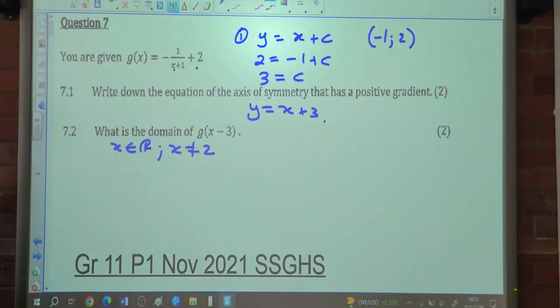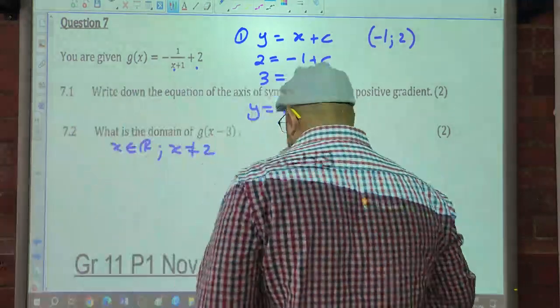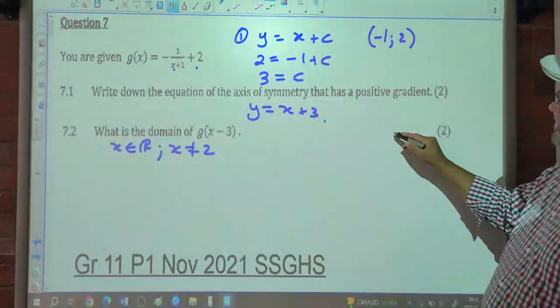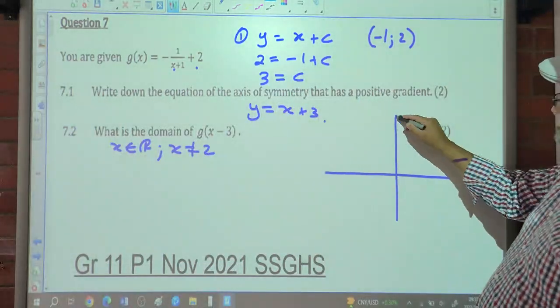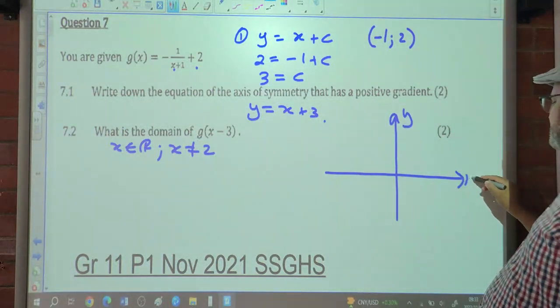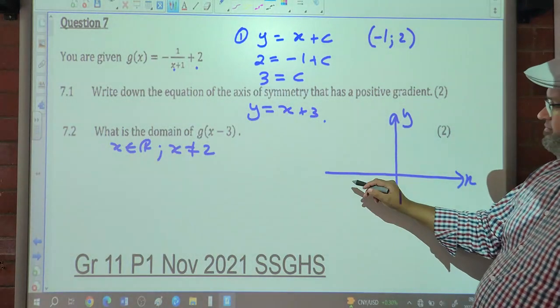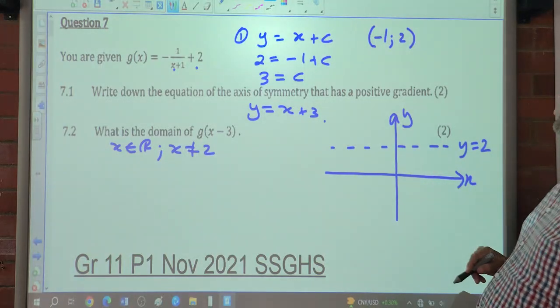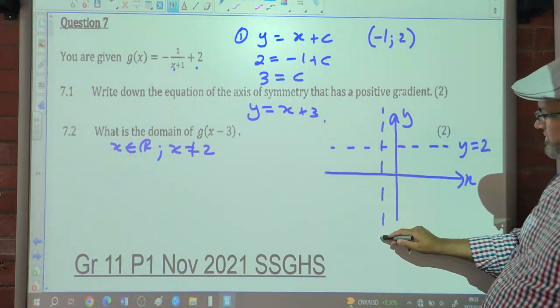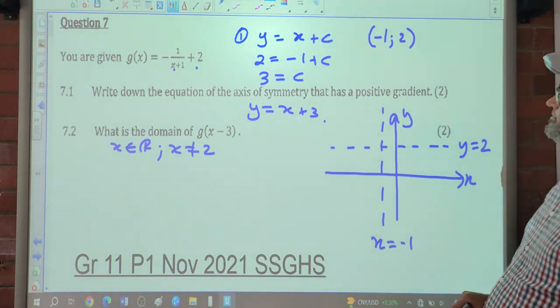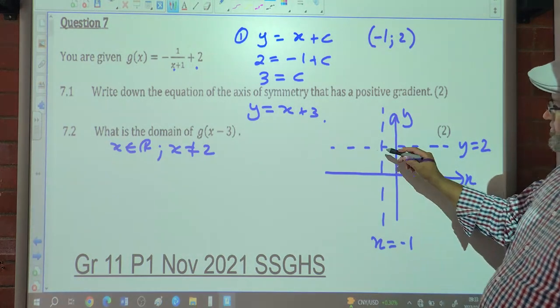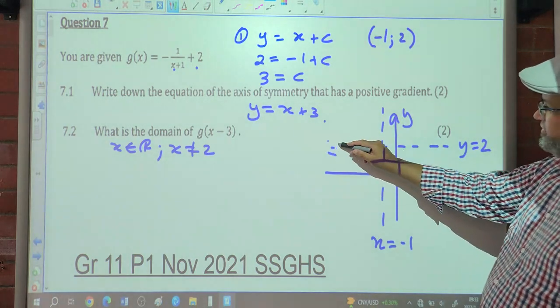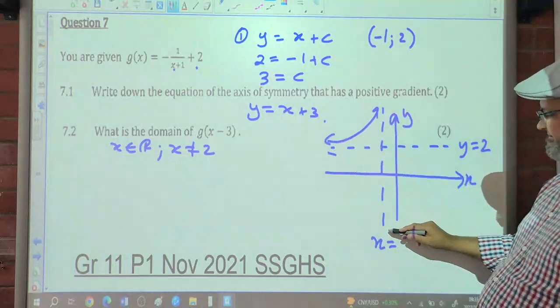People, for those of you who are a bit confused, if I'm here, I would have drawn this graph. They didn't ask us to draw the graph, but I would have drawn it on the side to give me some sense of what's happening. It's negative, so it lies in quadrant 2 and this quadrant.